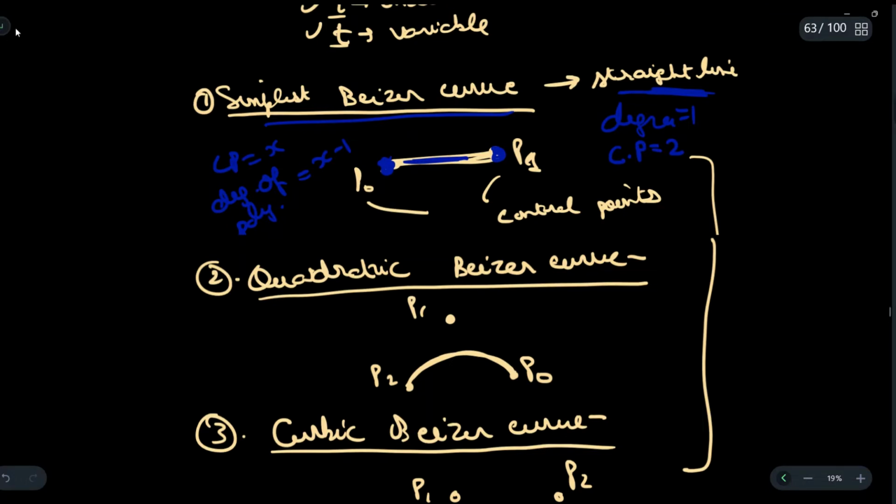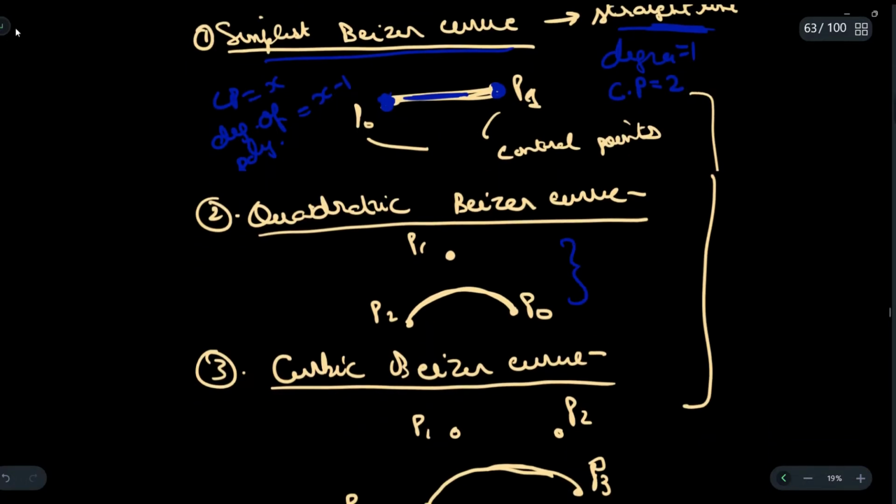Similarly over here you will see that we have three control points, that is 3 CP, whereas the curve is quadratic, and by quadratic we know that the degree of polynomial, that is DOP, is 2. So we can write that DOP is equal to the number of control points minus 1. That is, the degree of a polynomial is equal to the number of control points minus 1.